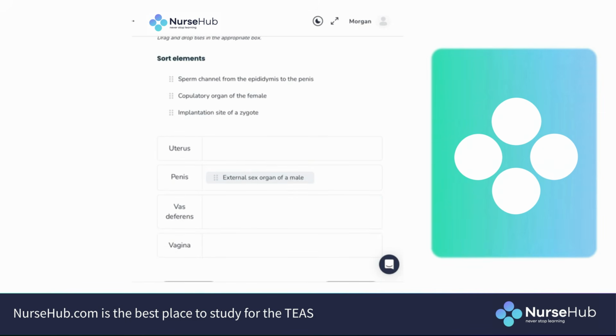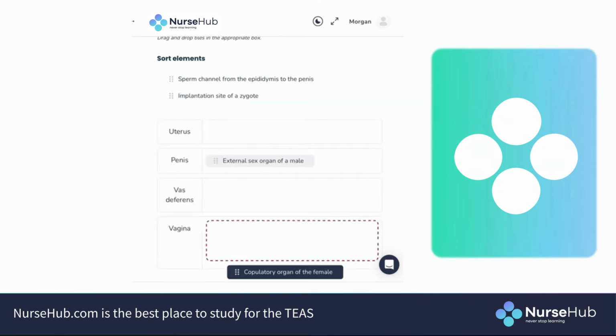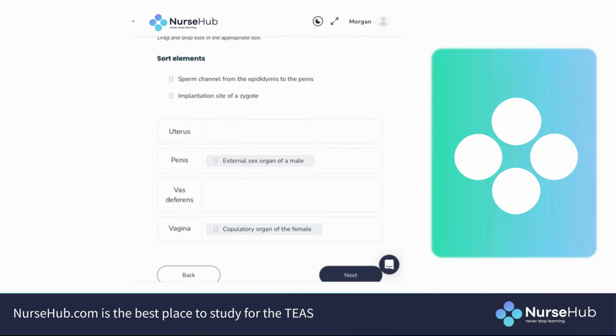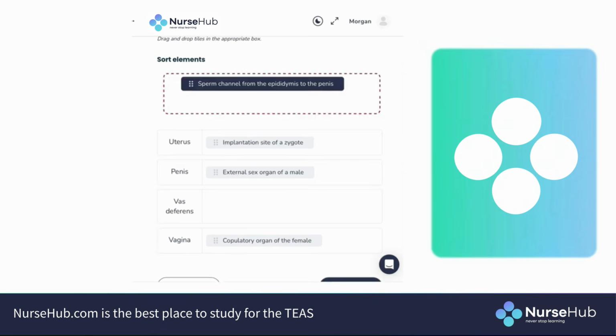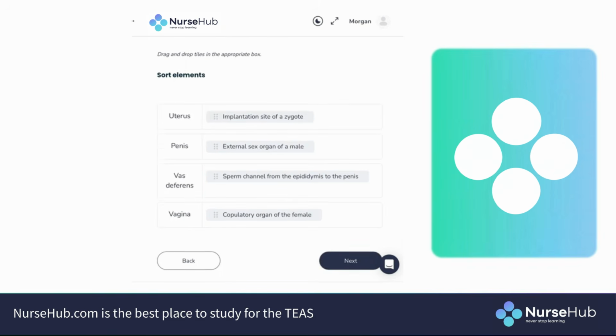We know the copulatory organ of a female is the vagina. Implantation site of the zygote, we know that is a uterus. And the vas deferens is the sperm channel from the epididymis to the penis. All right, so you start with what you know and then gradually whittle away, and you can move on from this question pretty quickly.